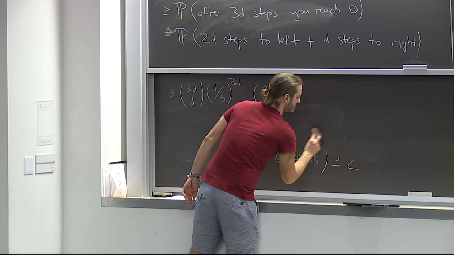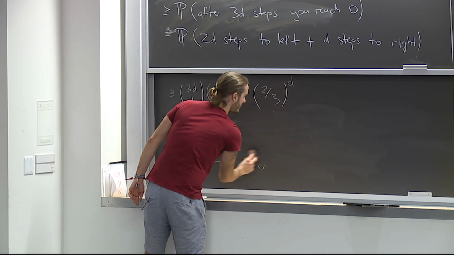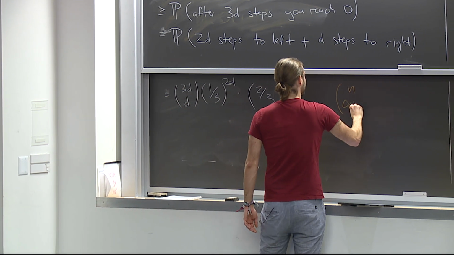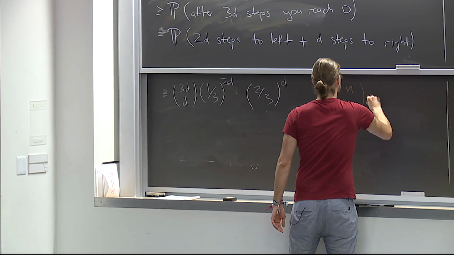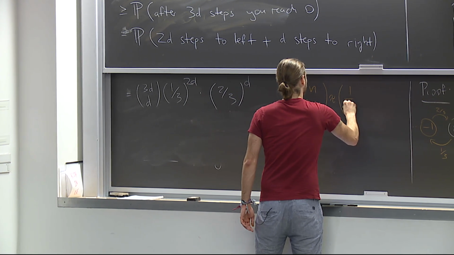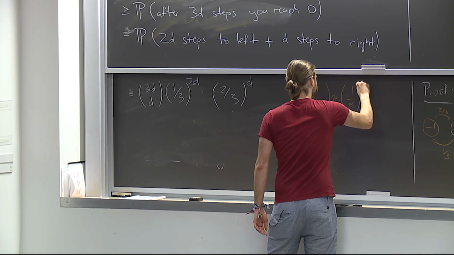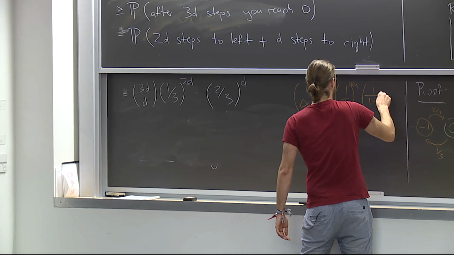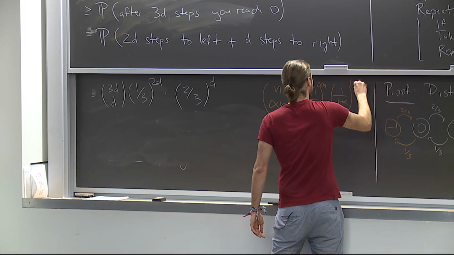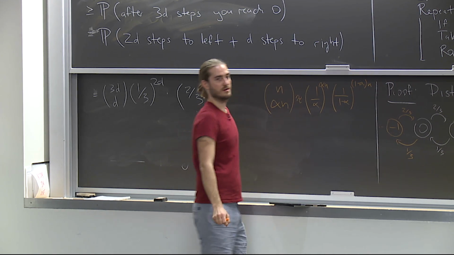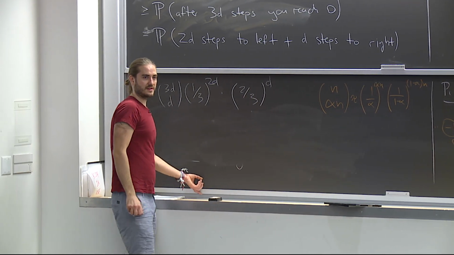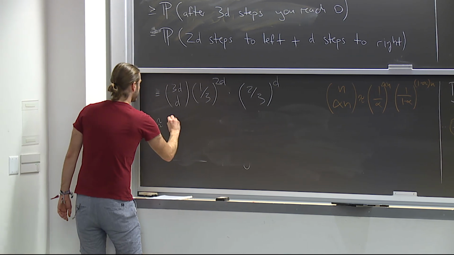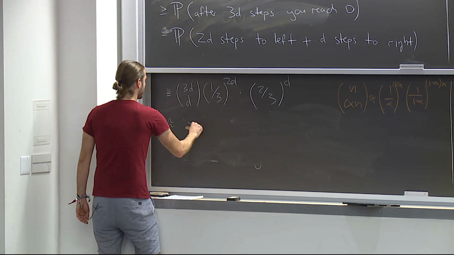So now let me manipulate this a little bit. There's this really useful fact that n choose alpha n is roughly the same as 1 over alpha to the alpha n times 1 over 1 minus alpha to the 1 minus alpha n. Now if you use this here, let me not care about the inequality too much, then what you get is 3 to the d.